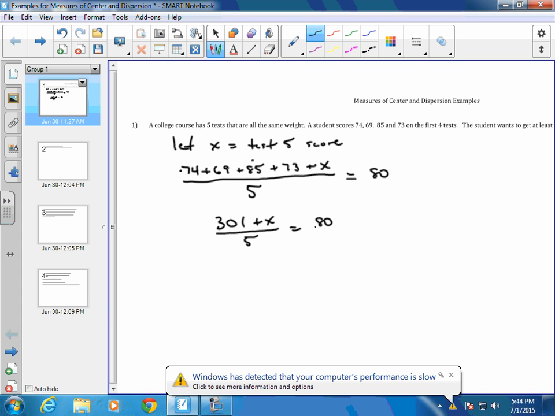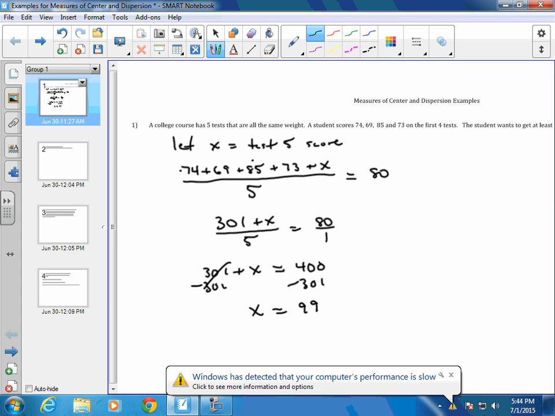When I see this fraction equals another fraction, I think maybe we want to use cross products to make this look a little bit nicer. So the 301 plus x times 1 is just going to be 301 plus x. 5 times the 80, well, that's going to give us 400. Now I can solve for x pretty easily. Let's just subtract 301 from both sides, and we've got x is equal to 99.